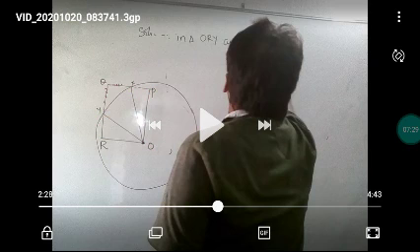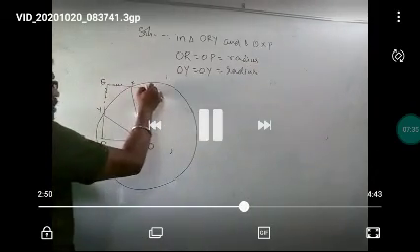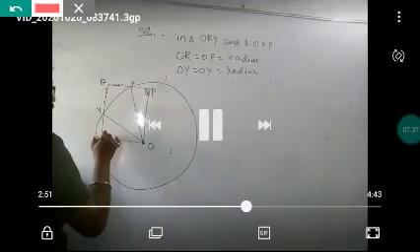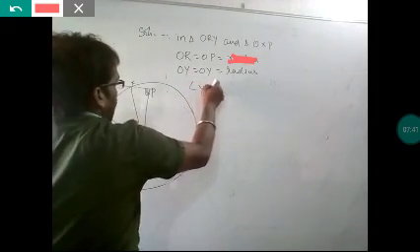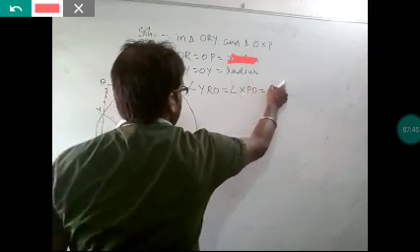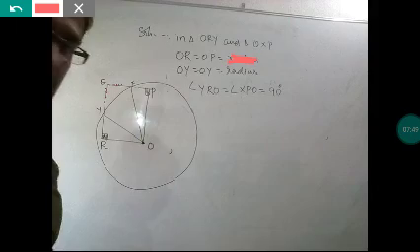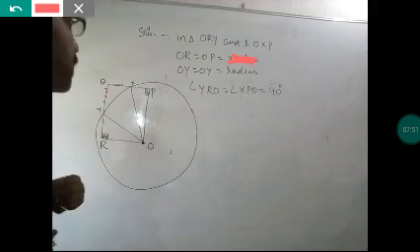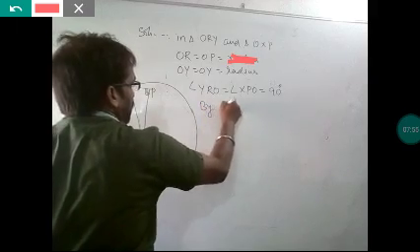So we will never use this as the radius over there. Now OY is equal to OX, which is equal to the radius. OX and OY are both the same. That's why I've written OY, and angle YRO is equal to angle XPO, which is equal to 90 degrees.